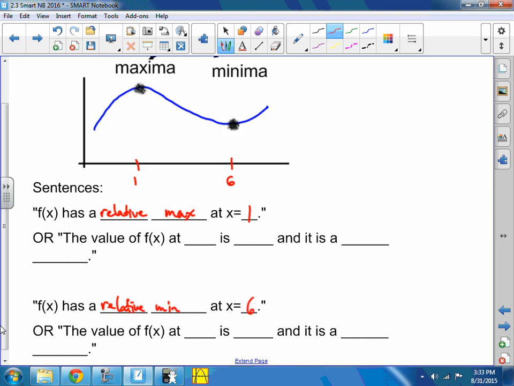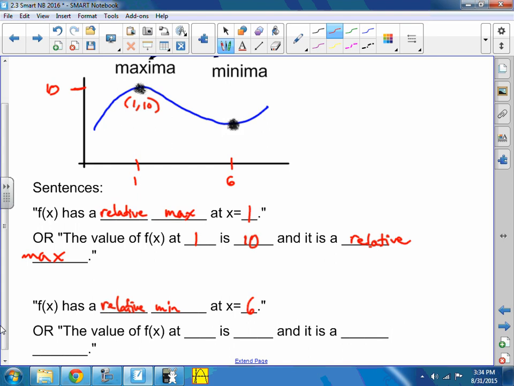Another way to say that is the value of f of x at 1 is... we know the y coordinate here, so maybe this is the point 1 comma 10. You could say the value of f of x at 1 is 10, and it is a relative maximum. So you could say it that way if you want to include the y value in your explanation.